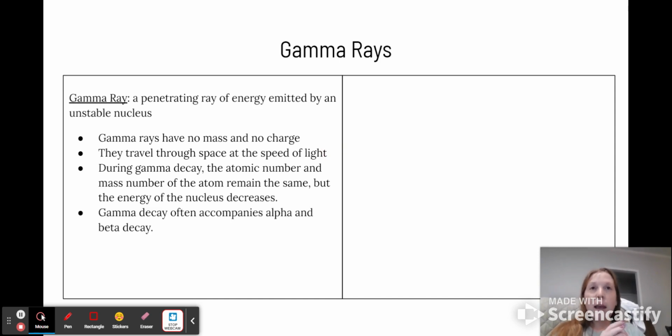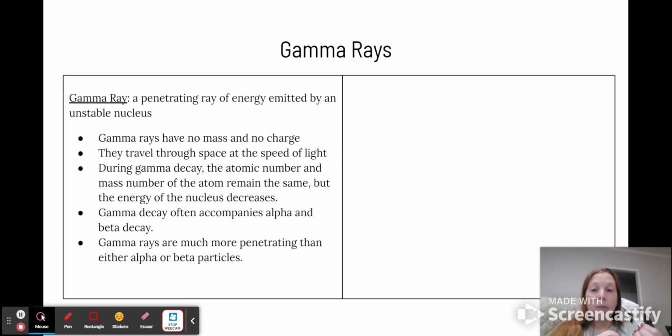A lot of times gamma radiation actually just accompanies one of the other two so that you can see some sort of change to the nucleus, because you can't really see an energy change, right? But you can see a mass change or an atomic number change, which is why it tends to accompany alpha or beta. And then these are much more penetrating than either alpha or beta.